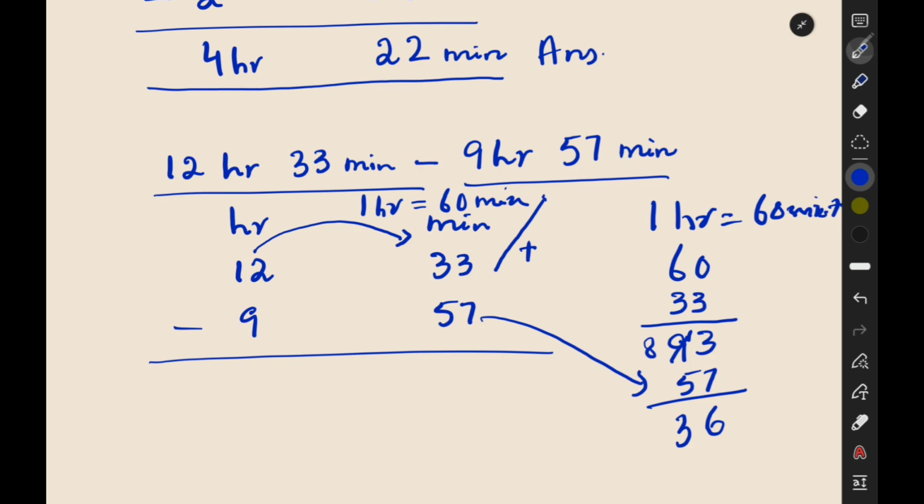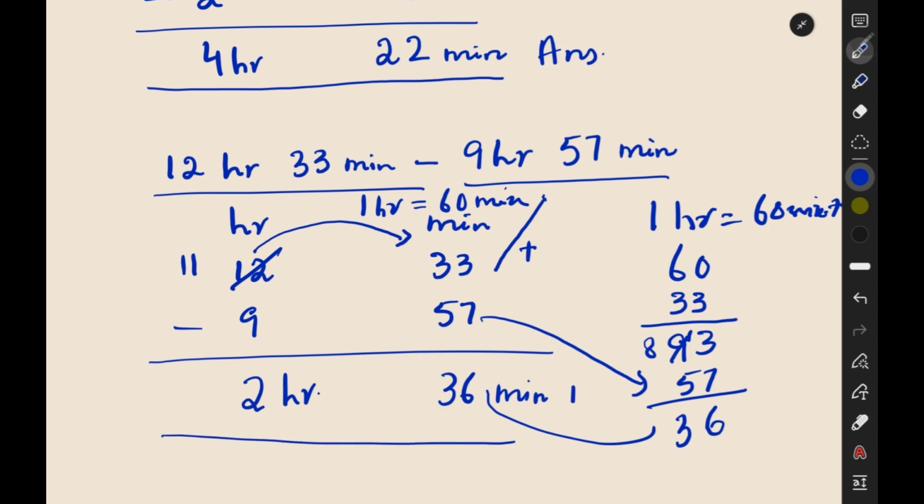So we write 36 minutes here, and because it gave 1 hour to the 33, here 11 is left, so 11 minus 9 gives 2. So 2 hours and 36 minutes will be the answer.